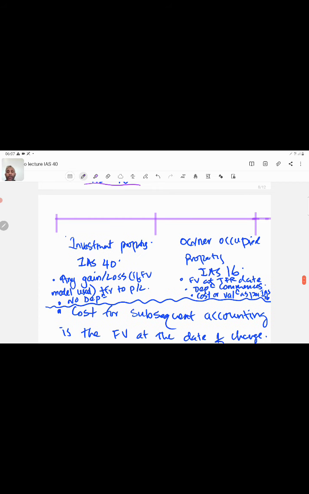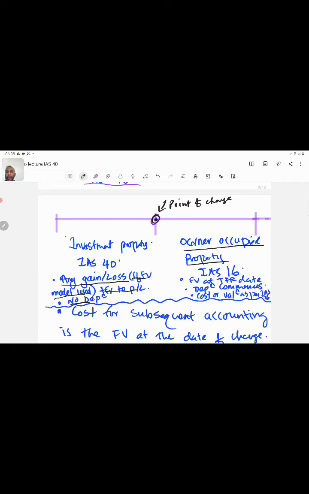On the other hand, you may have investment property prior to the date of the change, and then this is the point of change, then you may have owner occupied property. So here, any gain or loss, if a fair value model is used, transfer to profit and loss account until the date of change.